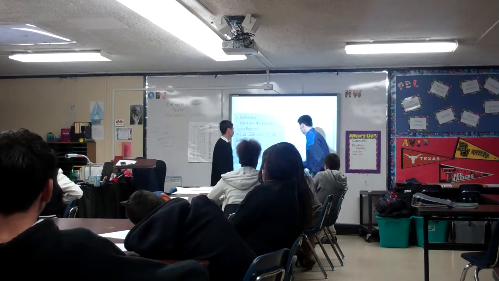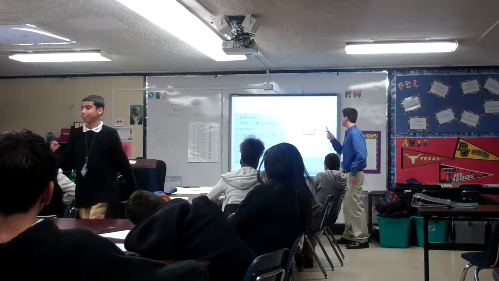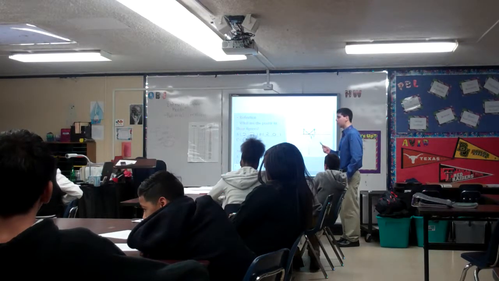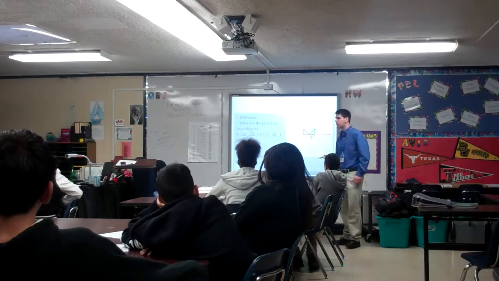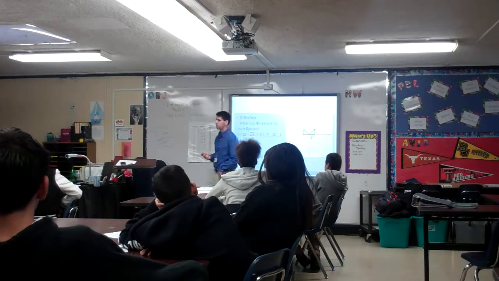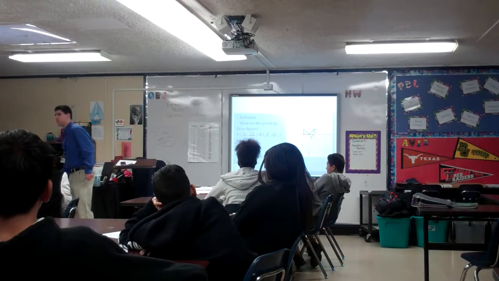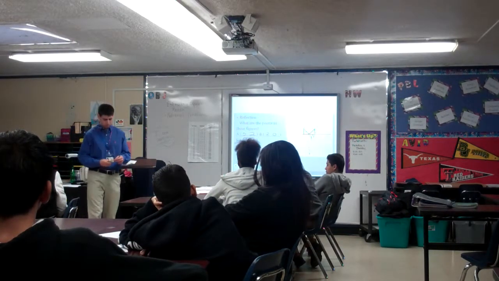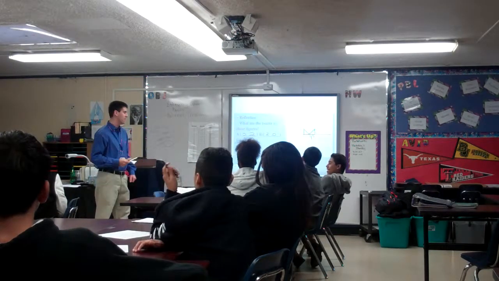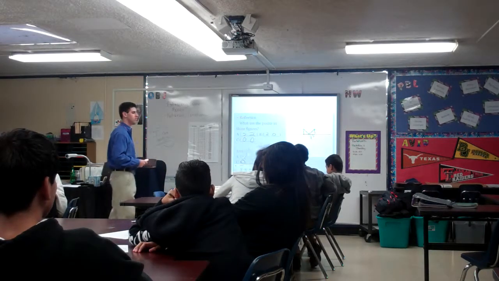All right. So let's look at these points. We got 2, 2 for A, -2, 2 for A prime. Does anybody see anything a little peculiar about this? There's a pattern. I'm just wondering if anybody sees any patterns. All right, so what's the difference between 2, 2 and -2, 2?